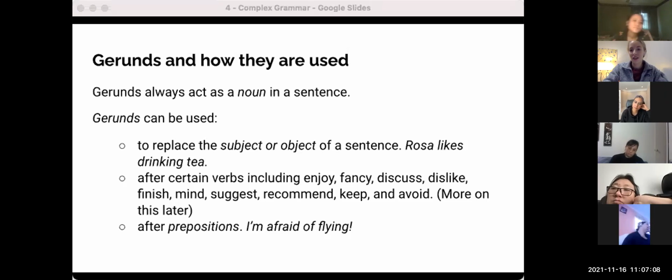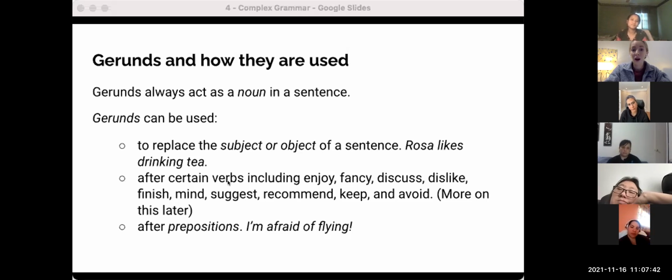A gerund can be the subject or object of the verb. In this example, Rosa likes drinking tea. Drinking tea is the object of the verb likes. It receives the action of the verb. And we talked about how after certain verbs, we need the gerund form to be the object of the verb.